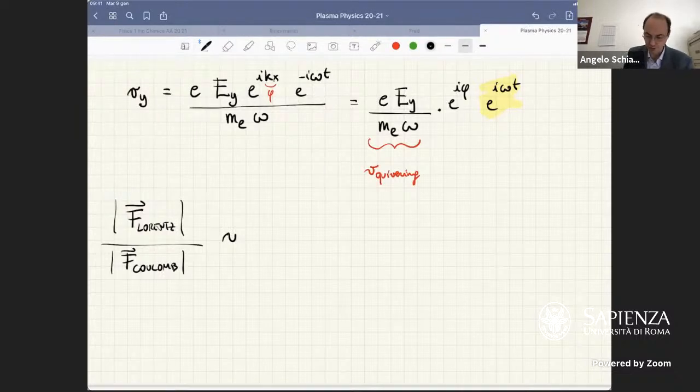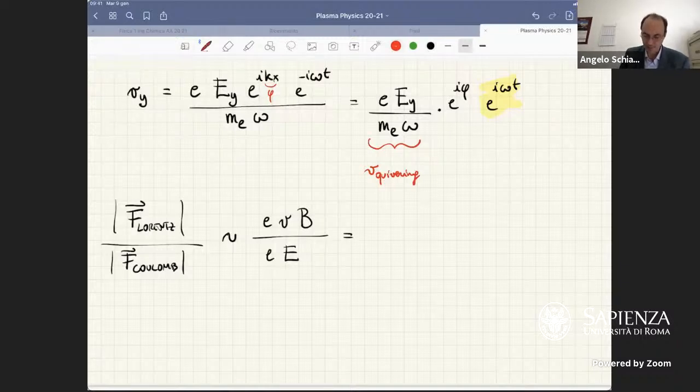The Lorentz force is minus e V cross B. So regardless of the orientation of V and B, its modulus is proportional to the charge of the particle, the elementary charge of the electron, times the typical velocity of the electron, times the intensity of the magnetic field of the wave. And the Coulomb force is proportional to the elementary charge times the amplitude of the electric field.